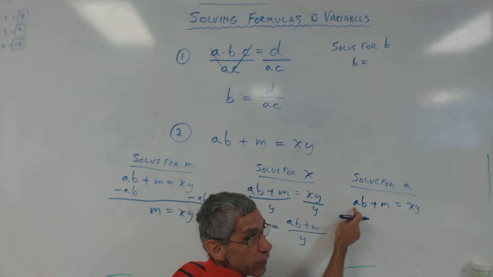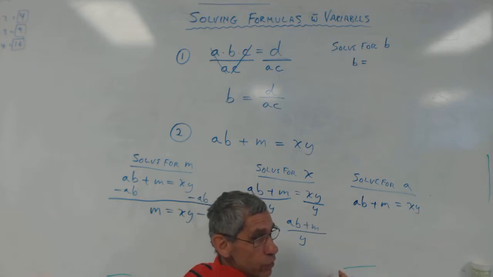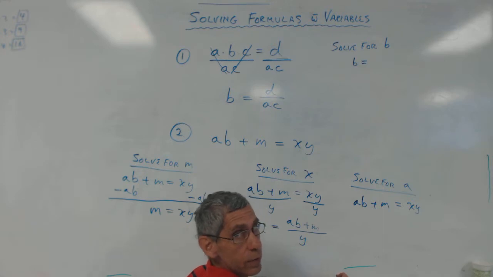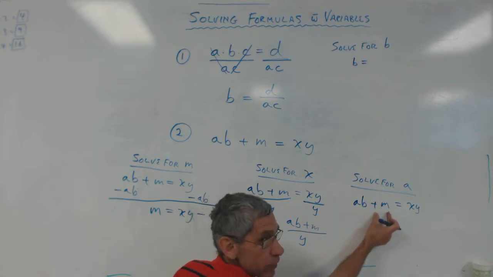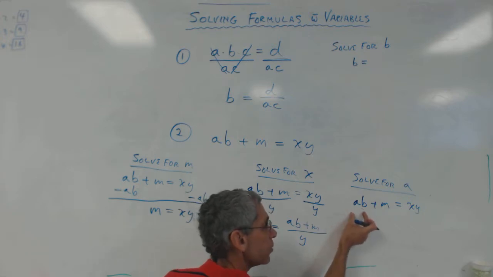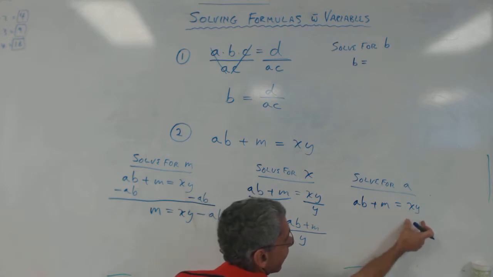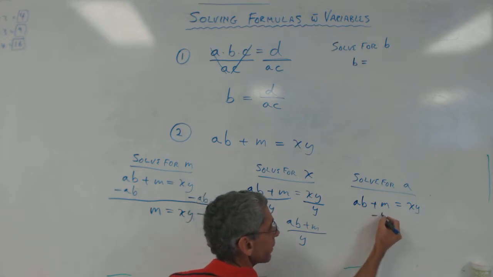What if it was 2a plus 7 equals 10? What would you do first? I would do the 7 first. You would get rid of all that extra stuff. You would subtract the 7 first. So here, subtract m.